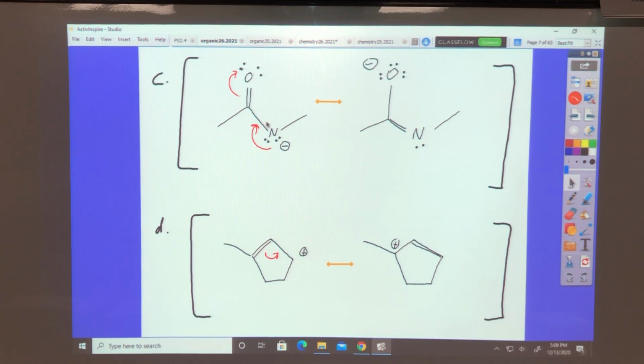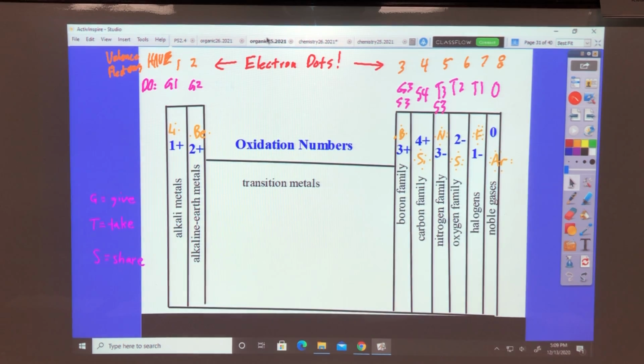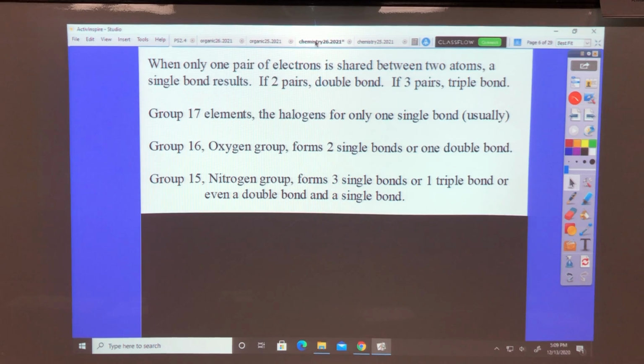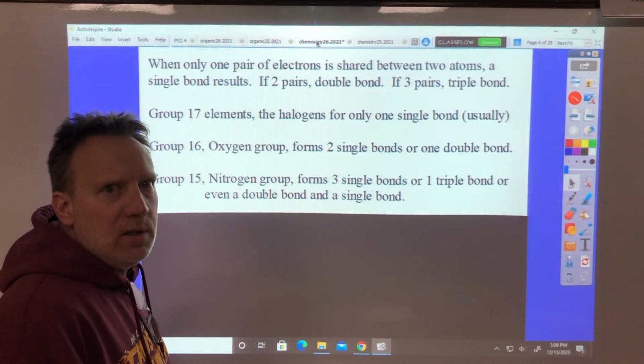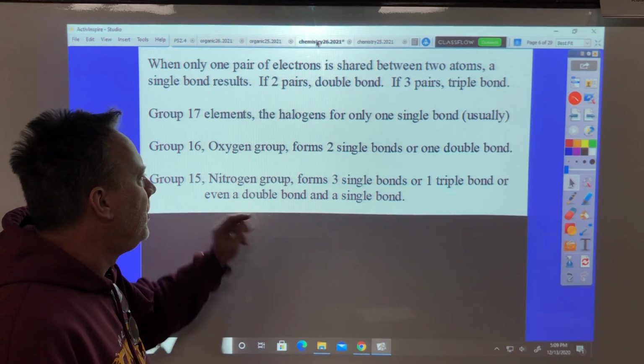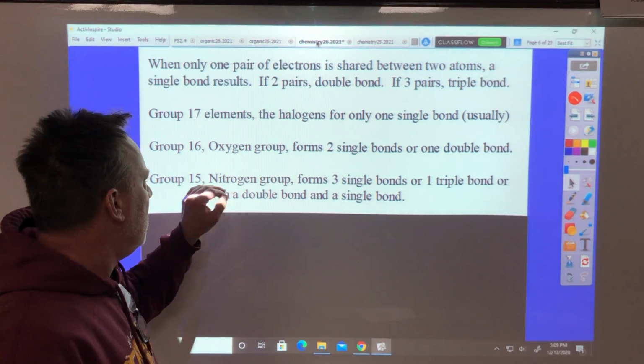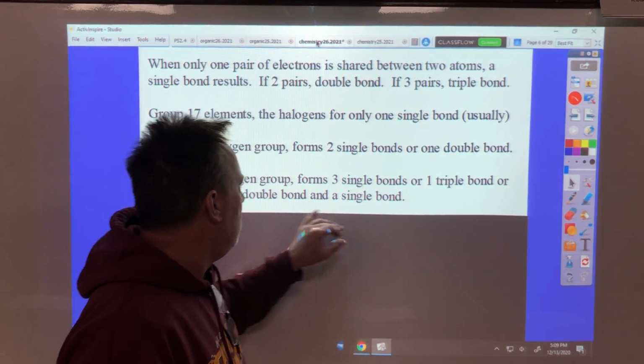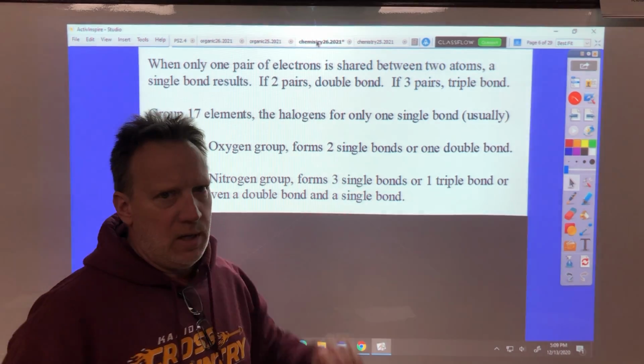There's nitrogen with 2 bonds. Oops, that's a crazy example. That's doing something else. Sorry, that's way ahead of you here. Okay, as long as you don't have weird things going on, like I just happened to show you, you have to have 3 bonds with nitrogen: 1 triple, a double and a single, or 3 singles.